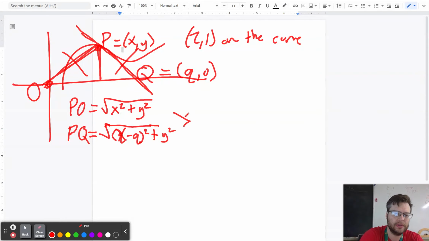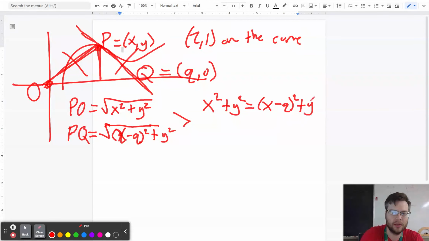Okay, so if we set those equal to each other, then we know that x squared plus y squared equals (x minus q) squared plus y squared. Great.